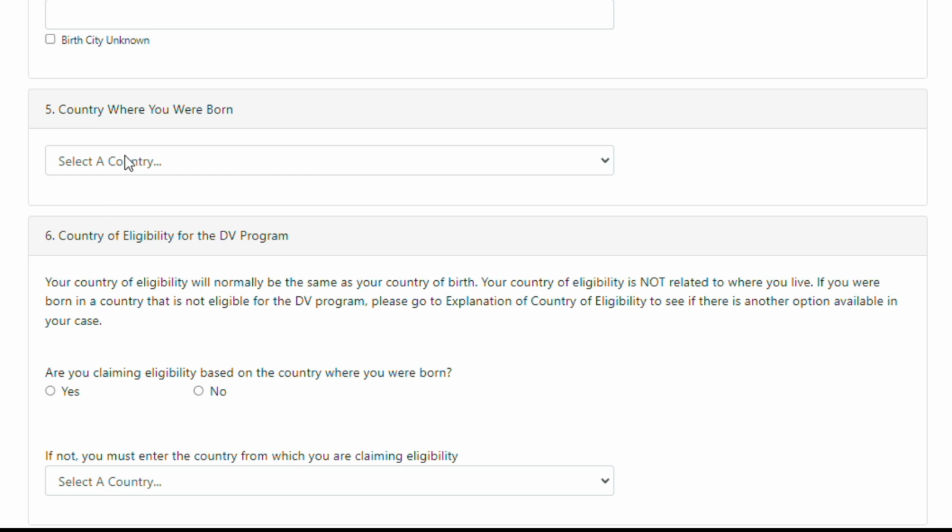So if you are using your country of birth as the country of eligibility, you say yes, but if not, you say no and include the country that you're claiming eligibility of.